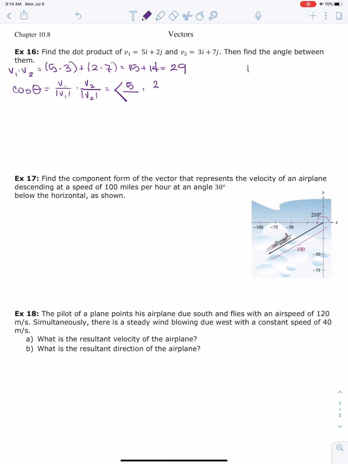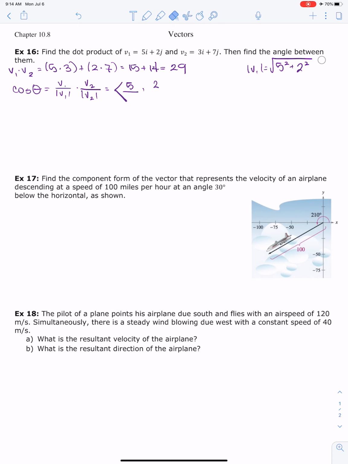So let's move that over here. The magnitude of v sub 1 is going to be the square root of the x component squared plus the y component squared.